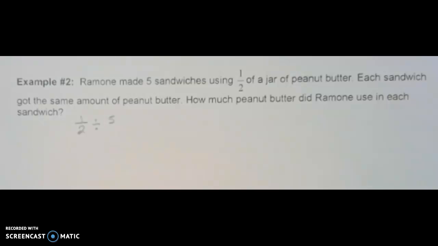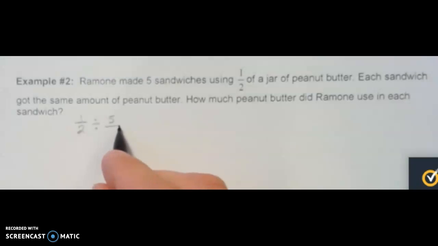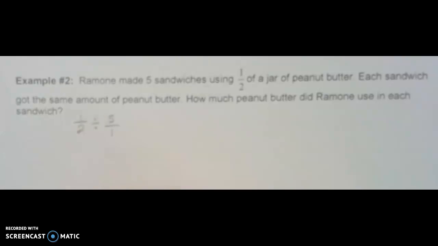Remember with division, we want to make sure that we're working with fractions, so I'm going to put this 5/1. And then what I'm going to do is multiply by the reciprocal. This says 1/2 divided by 5. In order to do this, I'm going to keep my 1/2, and I'm going to multiply by the reciprocal of 5, which is 1/5.